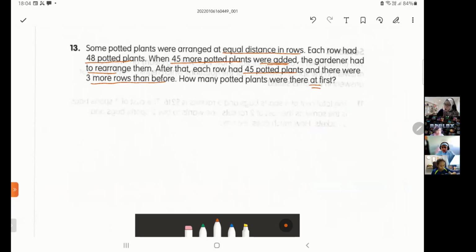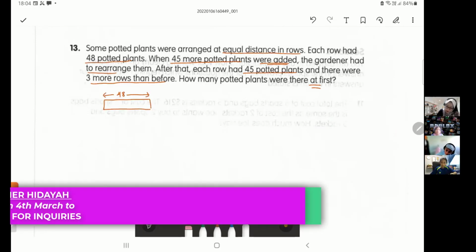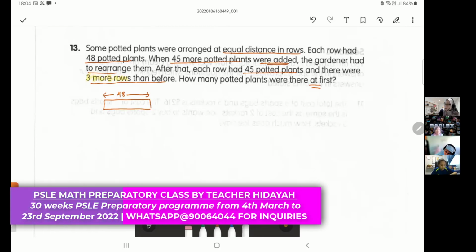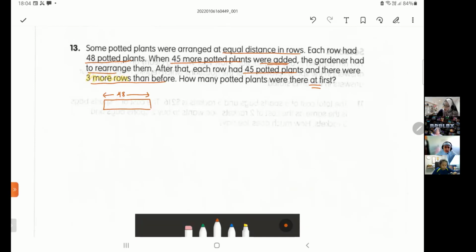Okay, so at first, if you want to draw the model, there are 48 potted plants. Right? And then in the end, if you notice, there were 3 more rows than before, which means each row has 48.